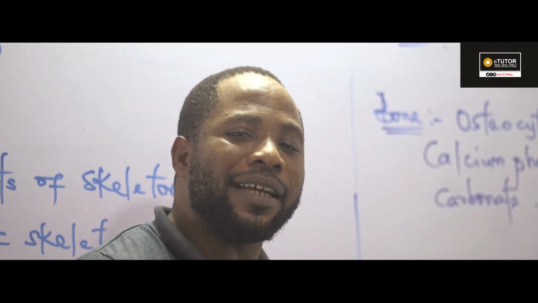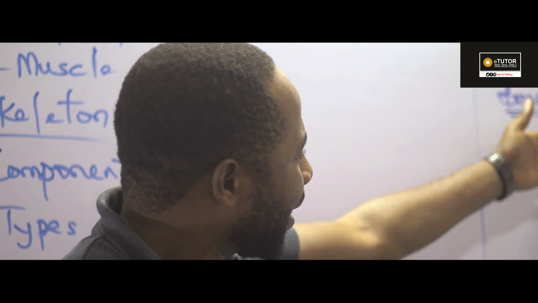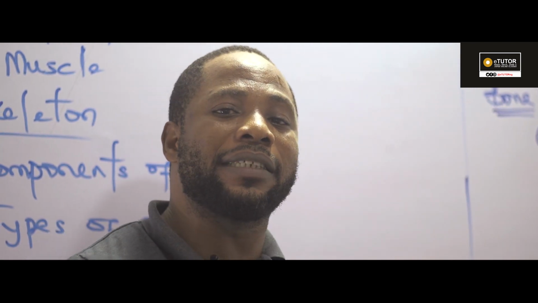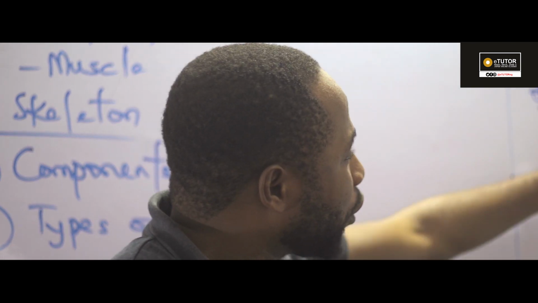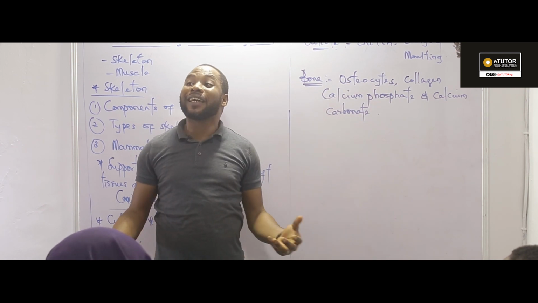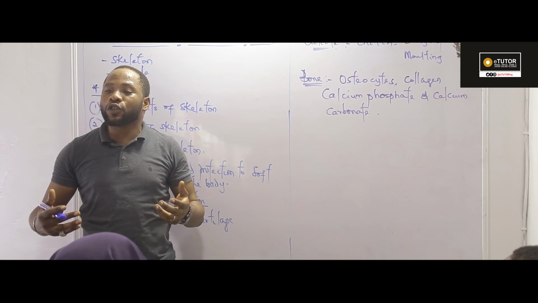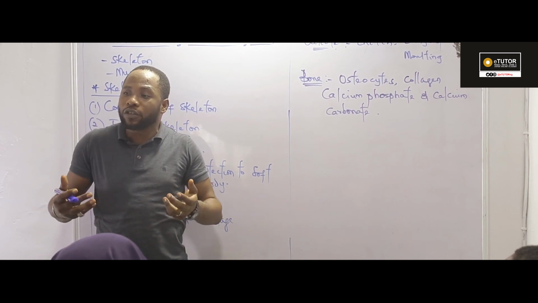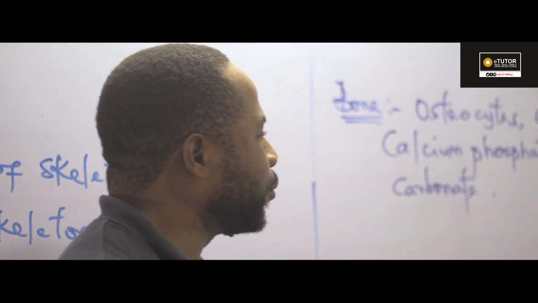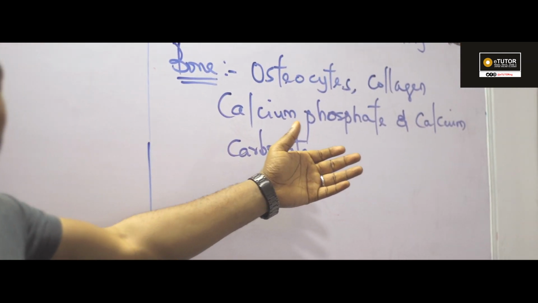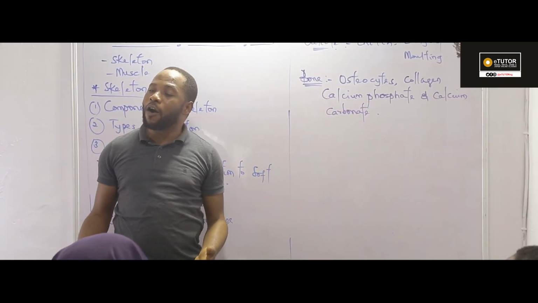Animals that possess this as their form of skeleton do not undergo ecdysis because the skeleton is made up of living cells. So as the body grows, so also the skeleton does what? Grow. Example, mammals have bone as their form of skeleton.